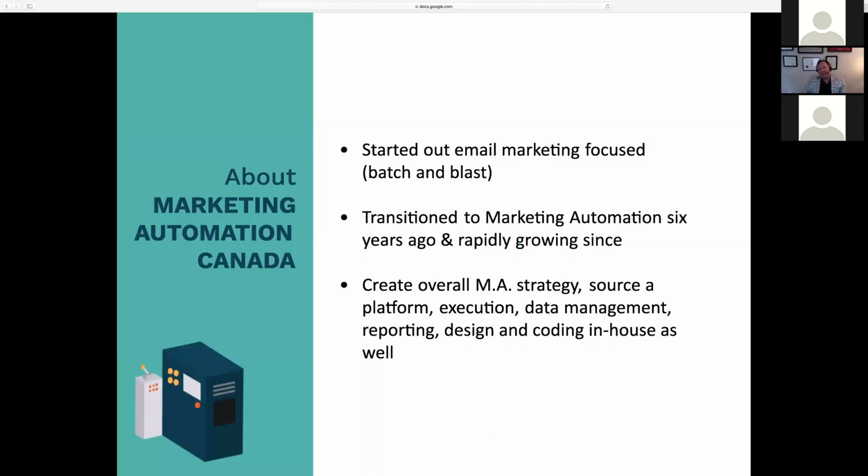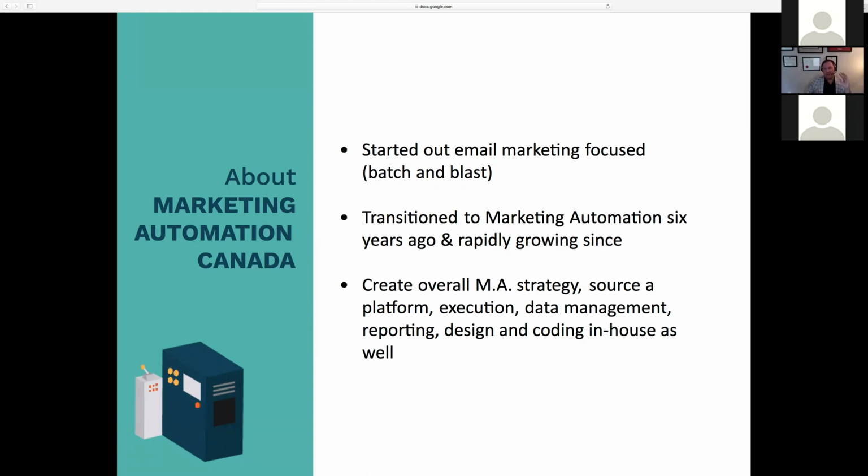And a little bit more about the company, just so you know kind of what we do and what our background is. When I first started the company, we were very linear email batch and blast, right? You got a list, you send an email, that type of thing. We transitioned to marketing automation about 6 or 7 years ago and have been growing quite a lot ever since. In terms of the marketing automation journey, we are able to own the entire journey.